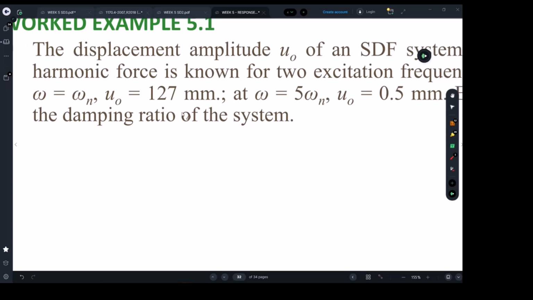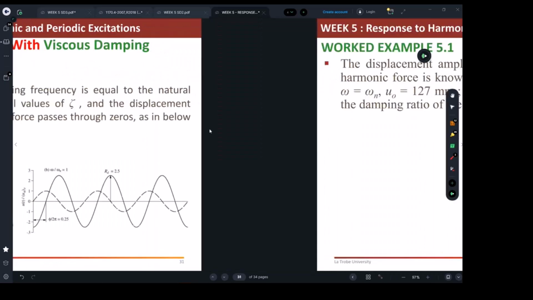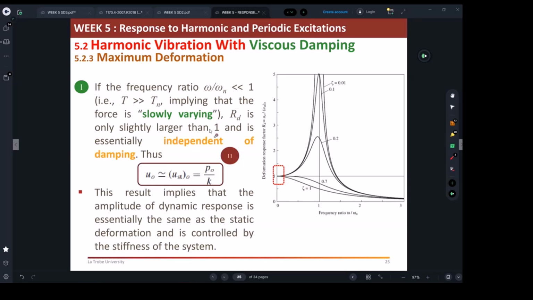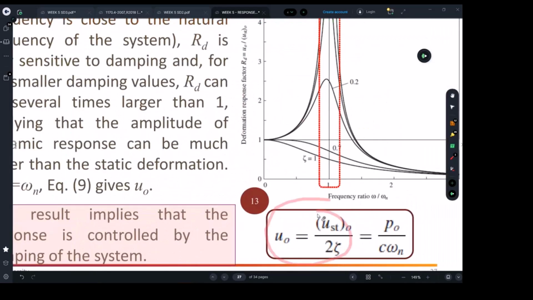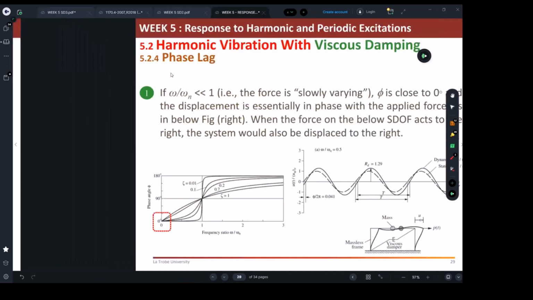So let's see what they did in the solution. They have used this relationship and formulated equation 1. Have a look at the 3 situations we examined, 1, 2, 3, and this is the one I was talking about, because the omegas are the same.